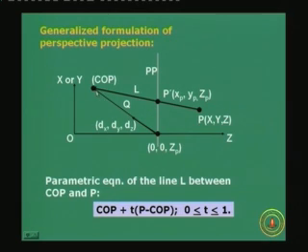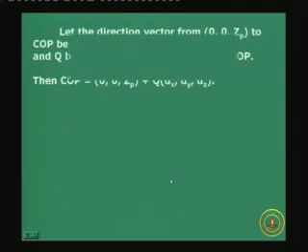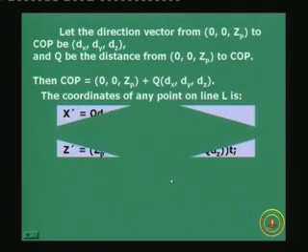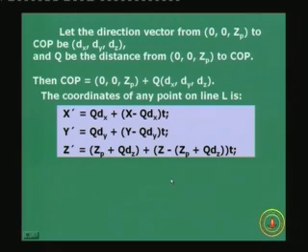We have defined COP as the 0 0 ZP vector plus q times dx, dy, dz, and P is known. So, with a little bit of mathematical manipulation, you can find the coordinates of any point on the line L as given in the expression here as x prime, y prime, and z prime.